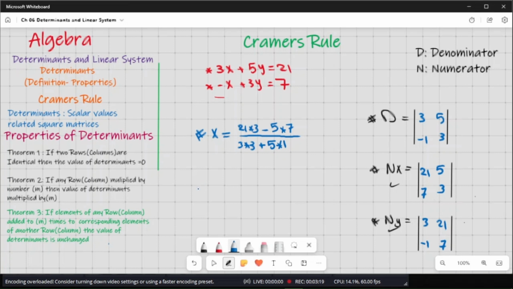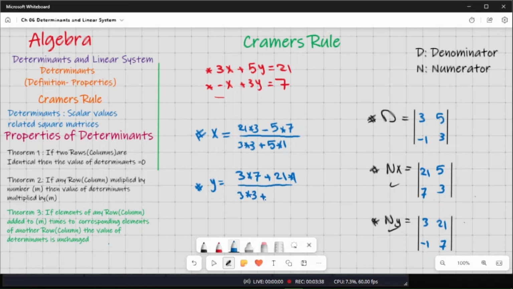And y equal to 3 into 7 plus 21 into 1 by d.